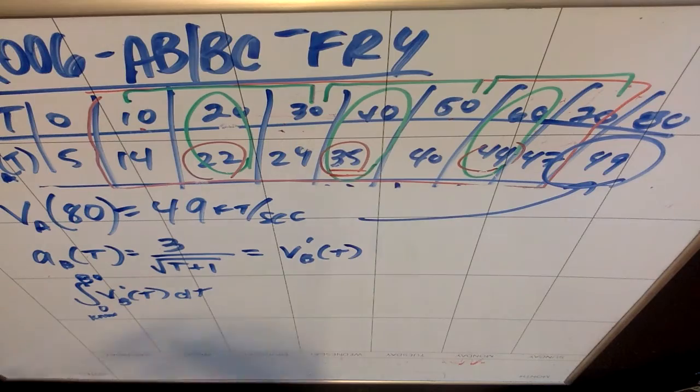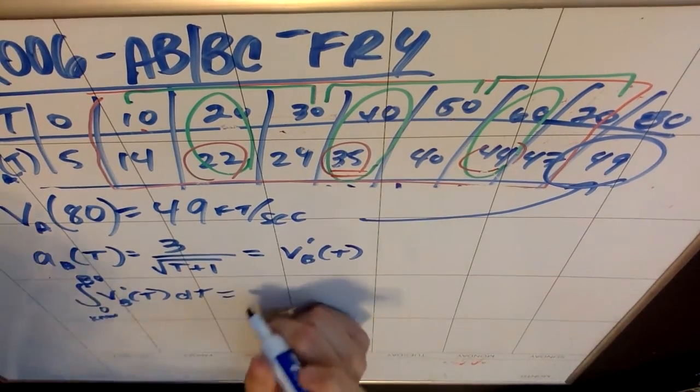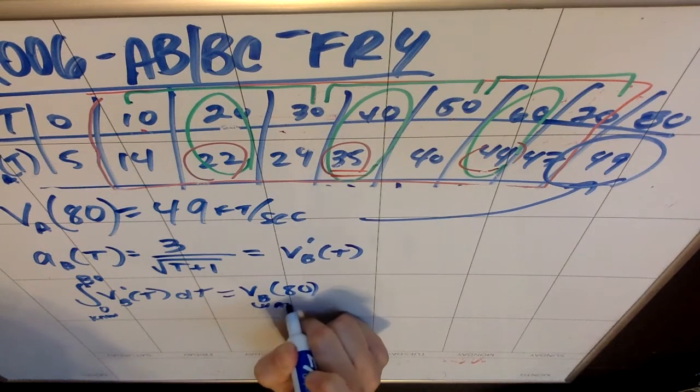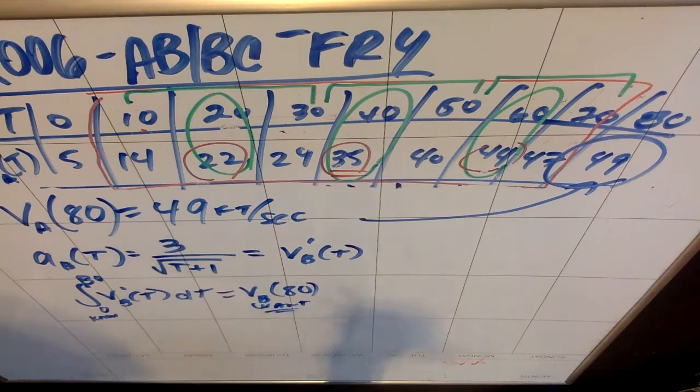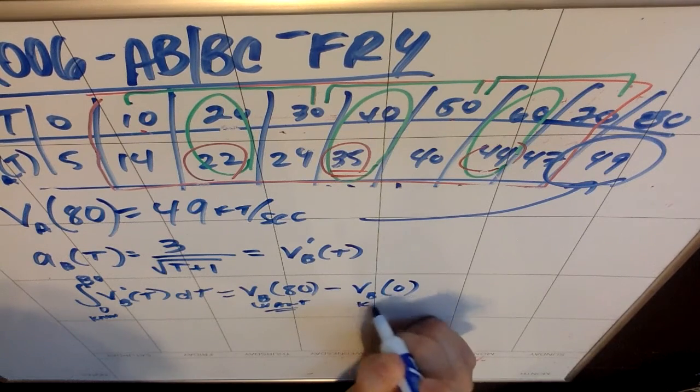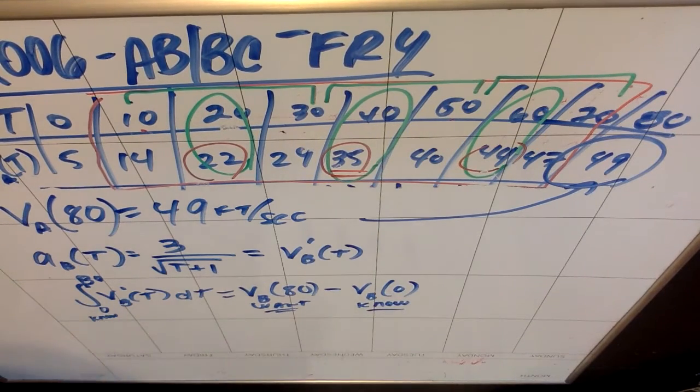If I integrate that, I'm going to get, using the first fundamental theorem of calculus, V_B of 80, which is a quantity that I want because I want to compare which of these rockets is moving faster, minus V_B of 0, which is a value that I know because they gave that to me in the setup for part C. So I'm able to integrate this thing, right?